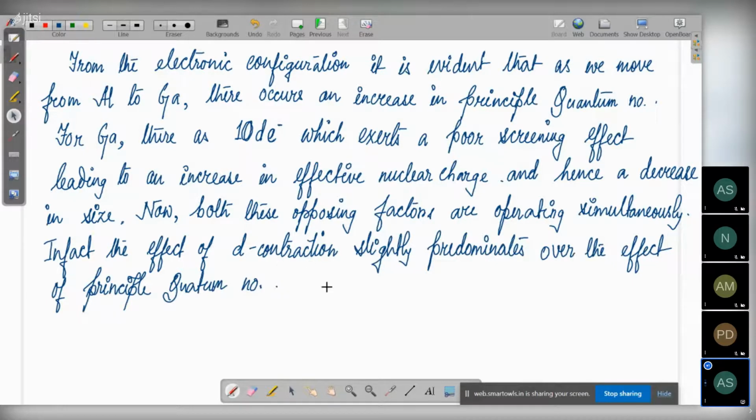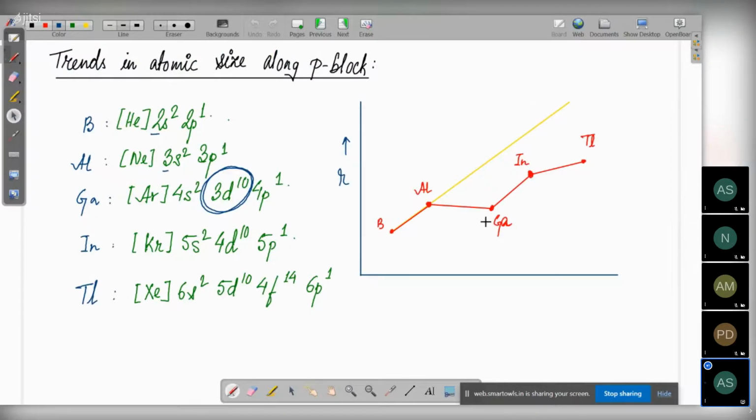Thus, it can be said that the radius of gallium is smaller than the radius of aluminium. So that is why we see that gallium is slightly smaller in size than aluminium.